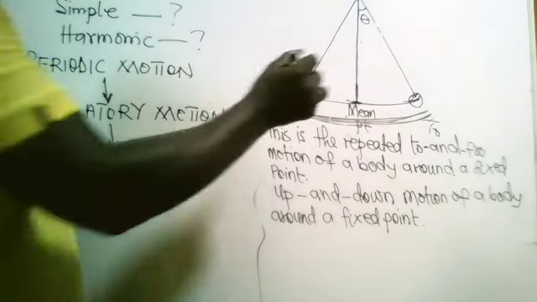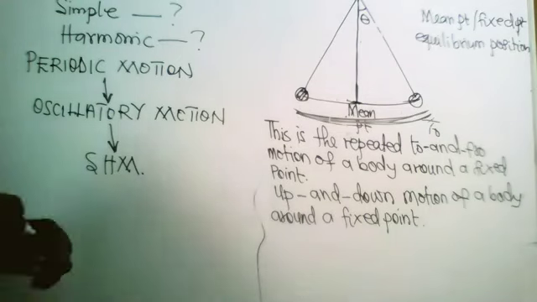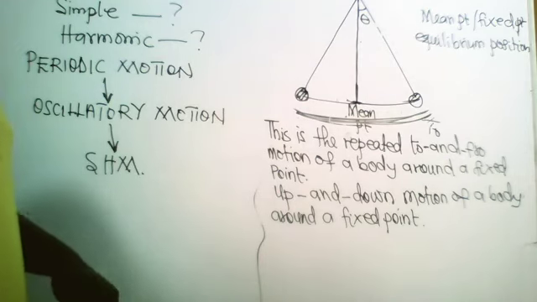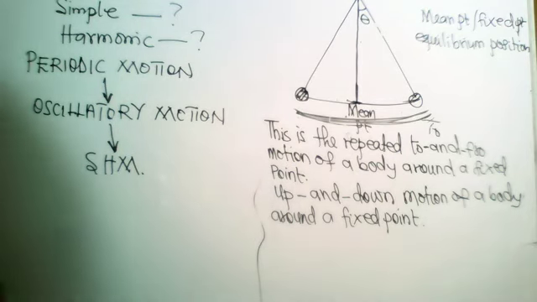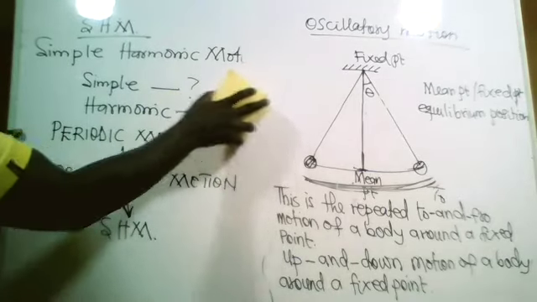So the same point, we term it as the mean point, fixed point, or equilibrium position. Okay, so the motion must occur repeatedly around a fixed point or mean point or around the equilibrium position. Examples of motions that are oscillatory. Yes, let's list some examples of oscillatory motion.